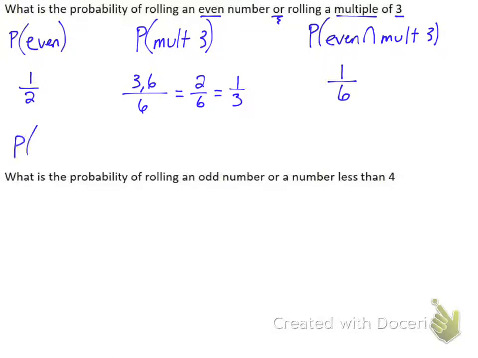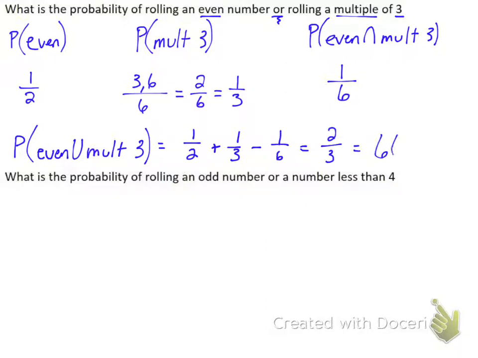So when I find the probability of an even or a multiple of 3, again, I'm going to go 1/2 plus 1/3, and then subtract the 1/6. When I throw that into my calculator, remember to put parentheses around the fractions if you're in a graphing calculator. You end up with 2/3, which is 66.7%.